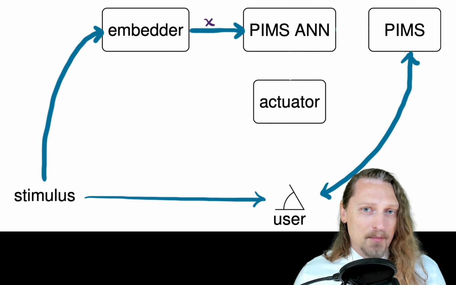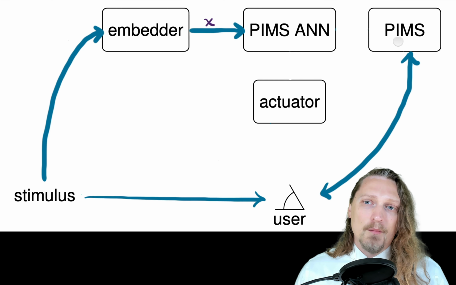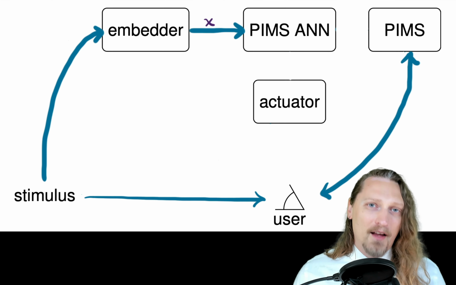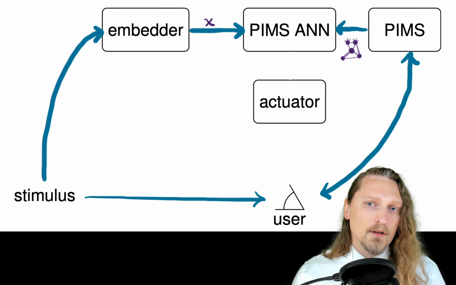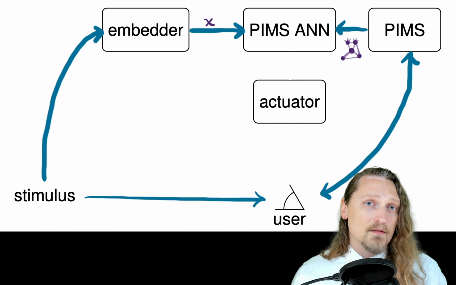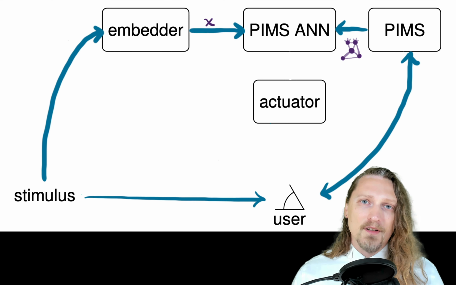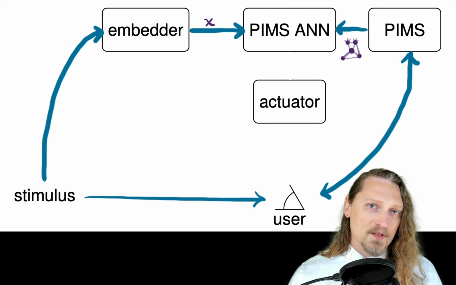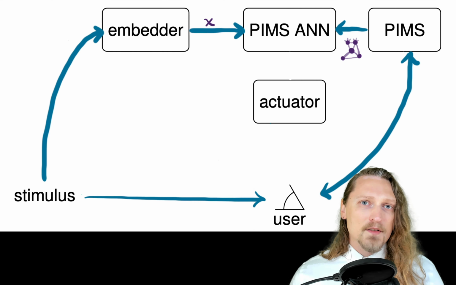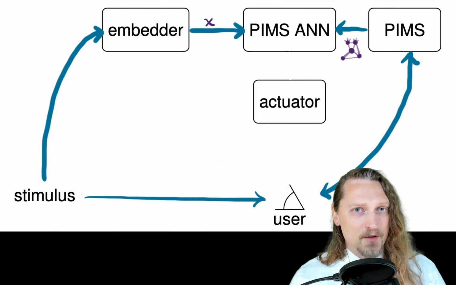In order for that to happen, we need to have an interaction between the PIMS and the artificial neural network. The graph structure of the PIMS is not something that we can directly interact with the neural network in. So we have to come up with a real space vector representation of the different nodes in the personal information management system.